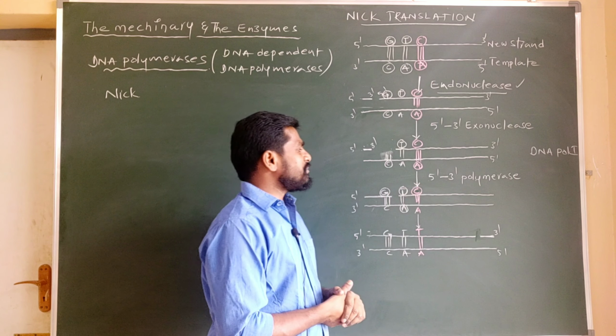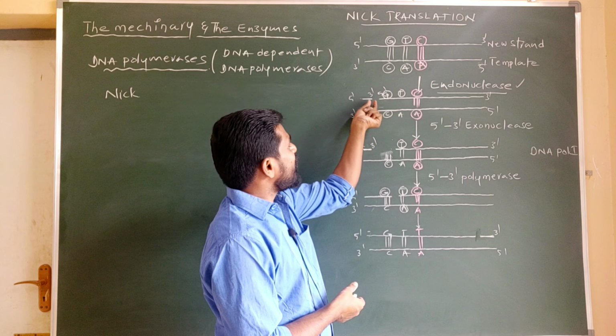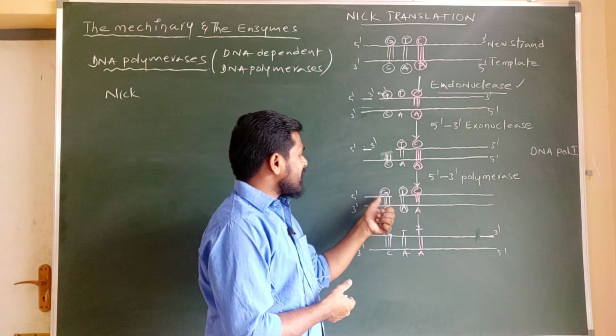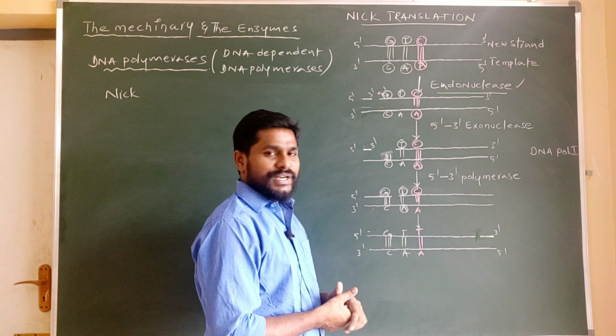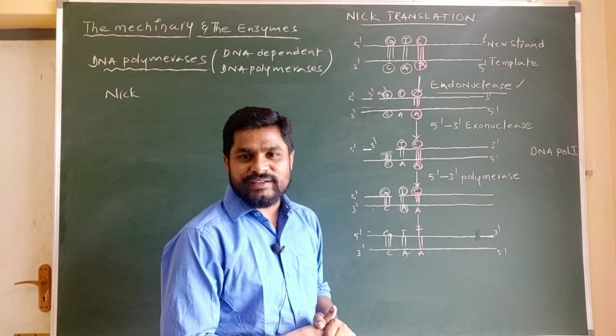Due to the action of this 5' to 3' polymerase activity, the nick which was formed earlier before the GC base pair gets translated by a distance of one base pair. Now the nick came between the GC and AT base pairs.